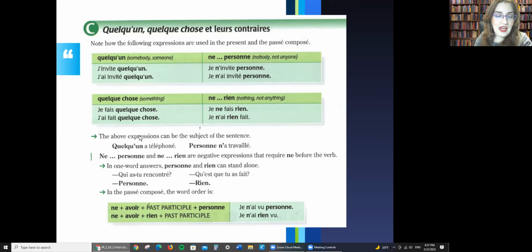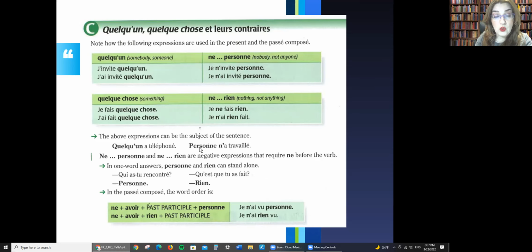Okay. The above expressions can be the subject of the sentence. Like we can use quelqu'un itself as a subject, like so. Quelqu'un a téléphoné, meaning someone called. Someone is a subject who did the action of calling. And in another sentence, here you go, we have personne n'a travaillé. No one worked.